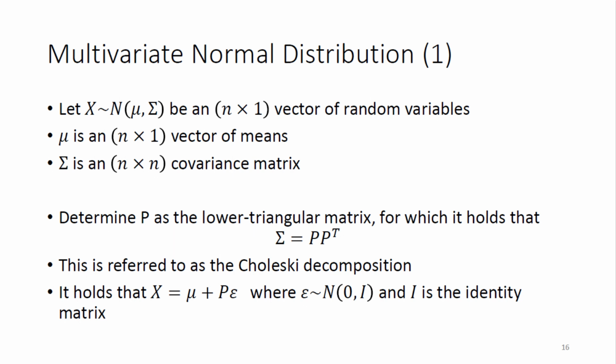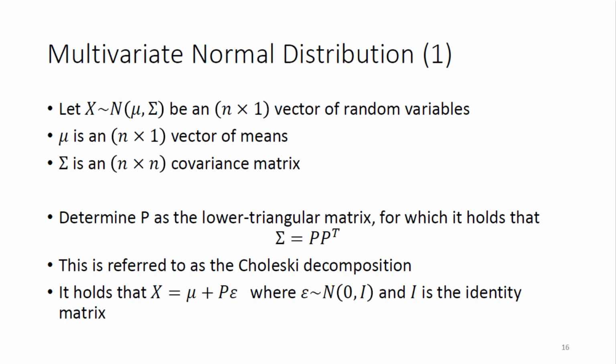Now there are a couple of technical steps that I need to take. First of all, I need to find the matrix P, which is a lower triangular matrix, and this matrix P has a very important property. If I multiply P with its transpose, P times P transpose, it is equal to the matrix sigma.